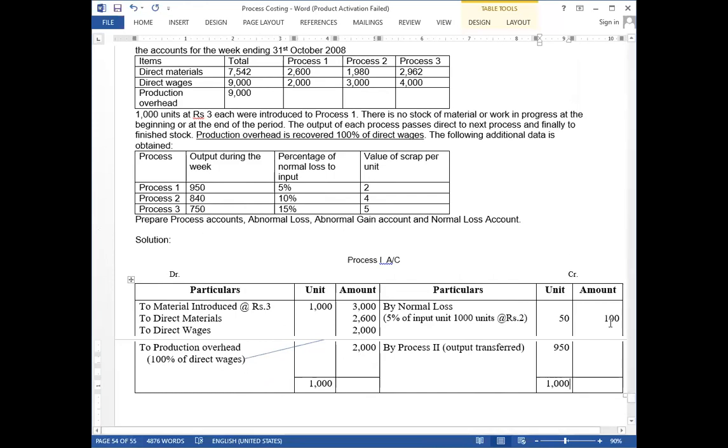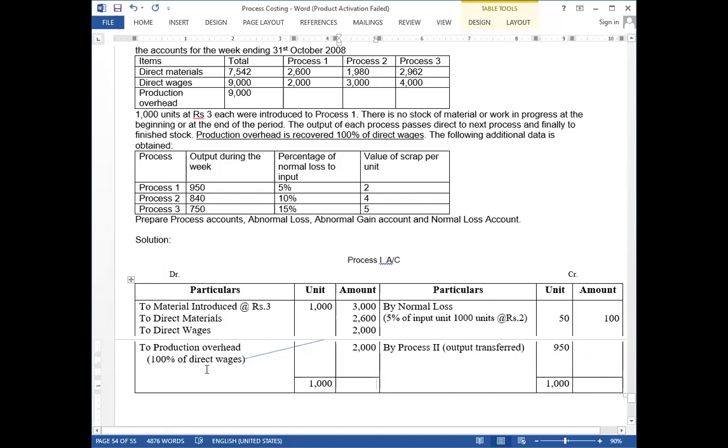If there is a difference, suppose the balancing figure comes on the debit side, write it as "to abnormal gain"; if it comes on the credit side, write "by abnormal loss". But in this process, there is no loss and no gain, so both sides are the same total. If nothing is there, you can directly balance it, and the balancing figure you can write as the output amount.